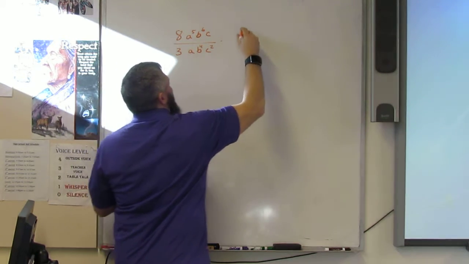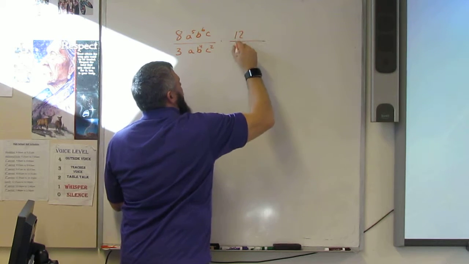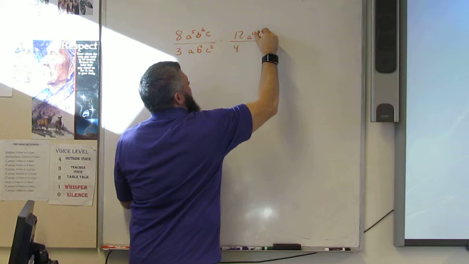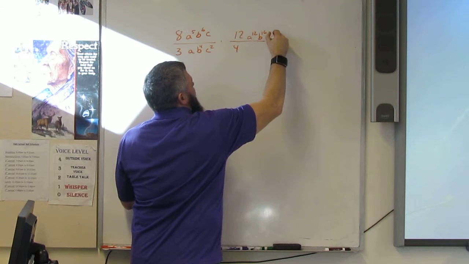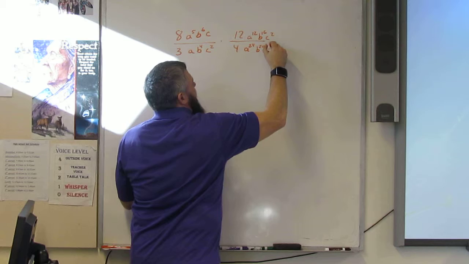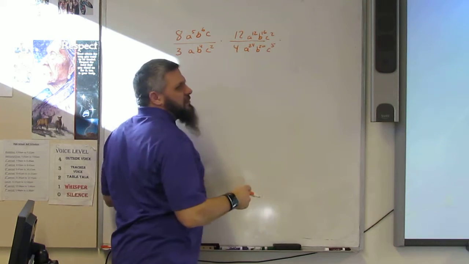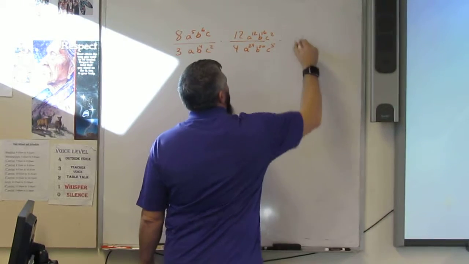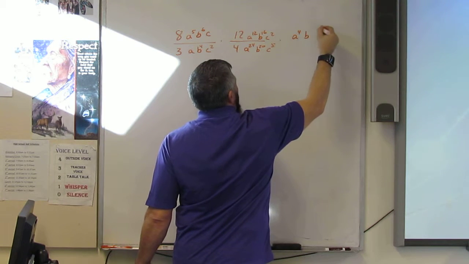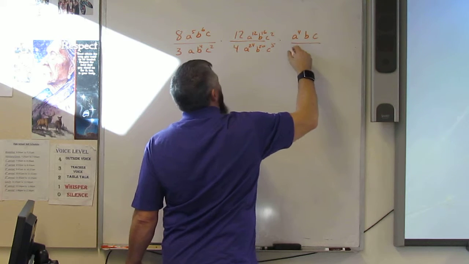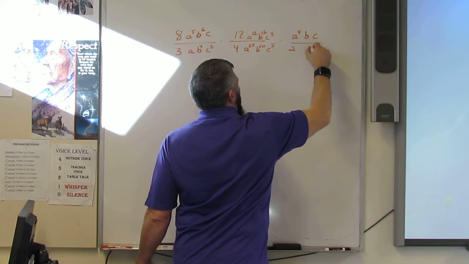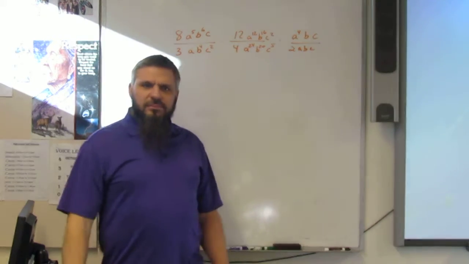times 12 over 4, a to the 12th, b to the 16th, c to the 2, and a to the 24th, b to the 20, and c to the 5, times about a to the 4th, b to the 1, c to the 1 over, I don't know, 2, a, b, c, right?